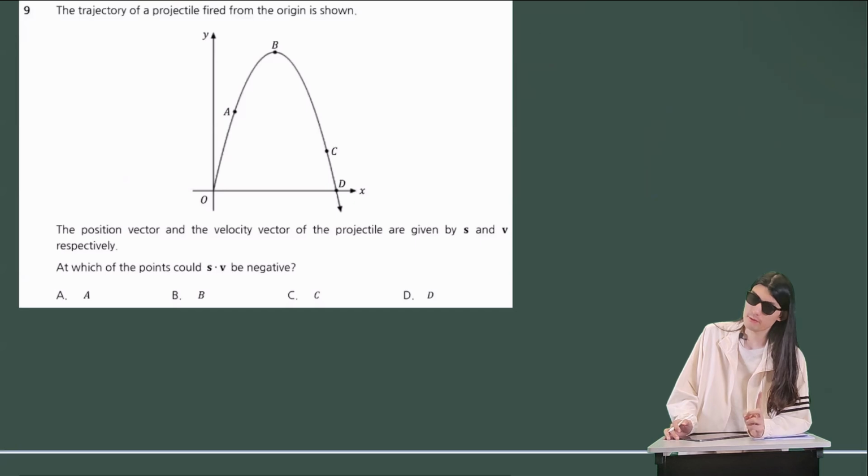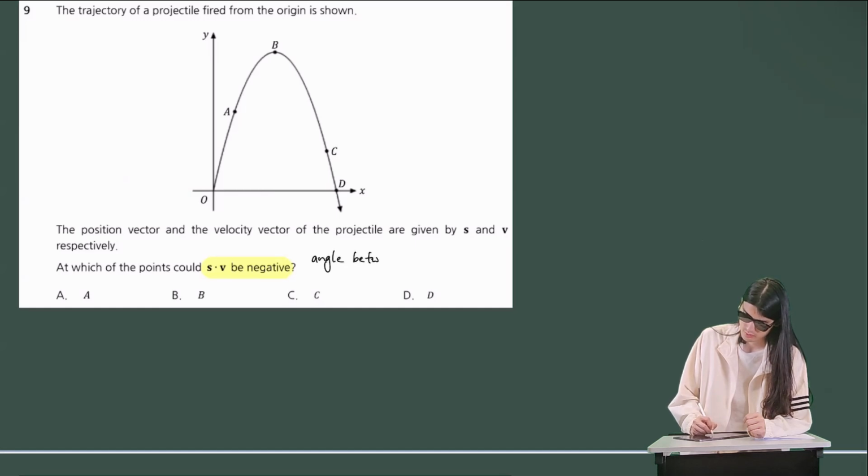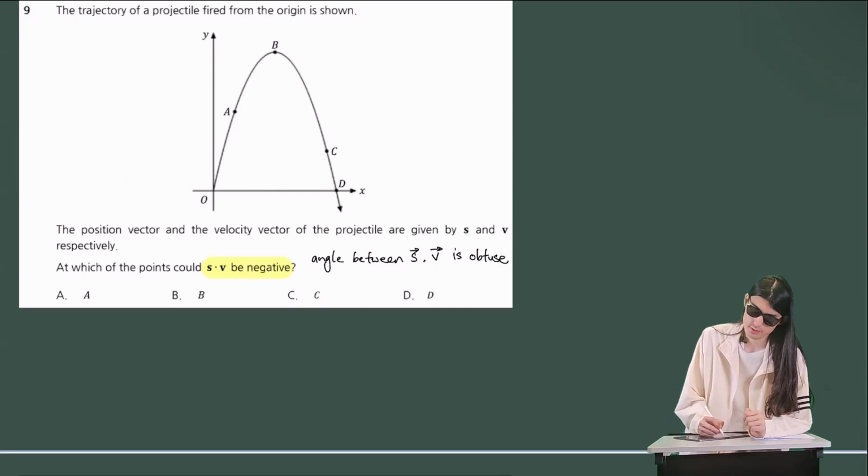Okay, the significance of a dot product being negative means that the angle between your 2 vectors S and V is obtuse.